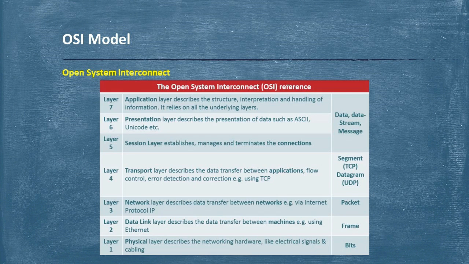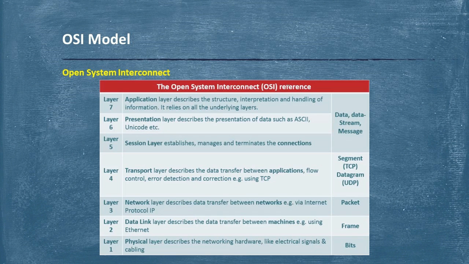Layer 7 is referenced by number, that is layer number, or by name. Layer 7 is the application layer, which describes the structure, interpretation and handling of information. It relies on all the underlying layers, the rest of the 6 layers.